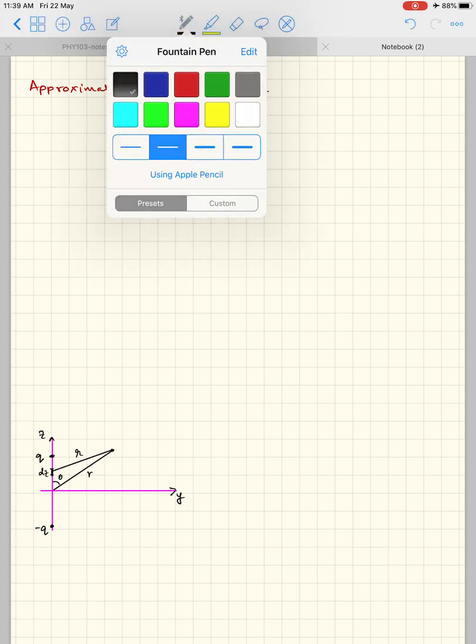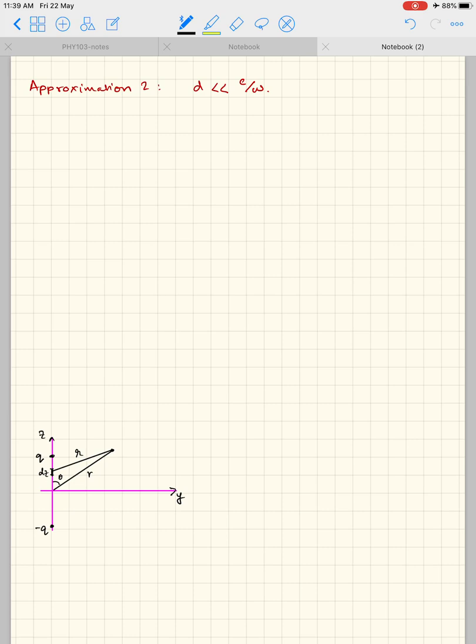If we do this, then our formula simplifies further. Remember that sine theta, when theta is small, goes as theta, and cos theta when theta is small goes as 1. So this is theta much less than 1.